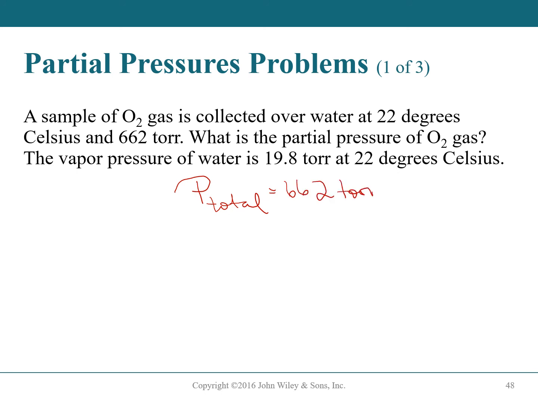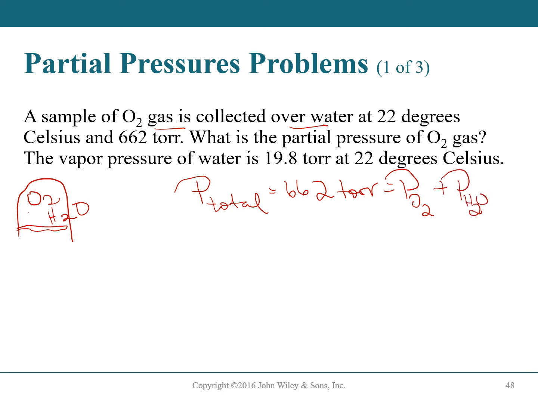Because when it says I collected oxygen gas over water, that means I have in that mix oxygen gas and water vapor. So if we know what the total pressure is in here at 22 degrees Celsius, then this is equal to the pressure of my oxygen and the pressure of my water vapor.